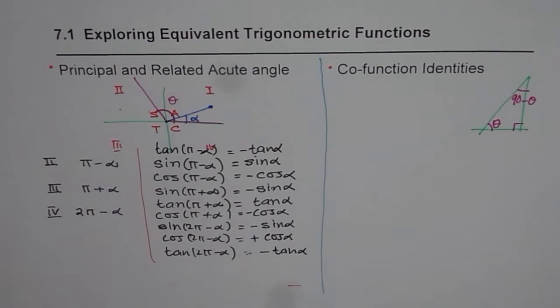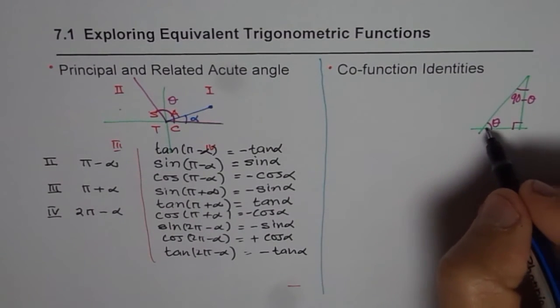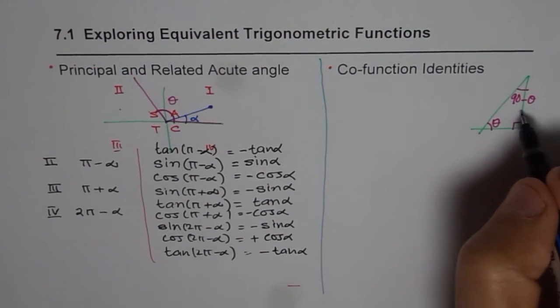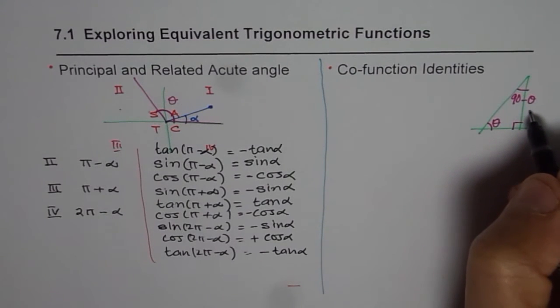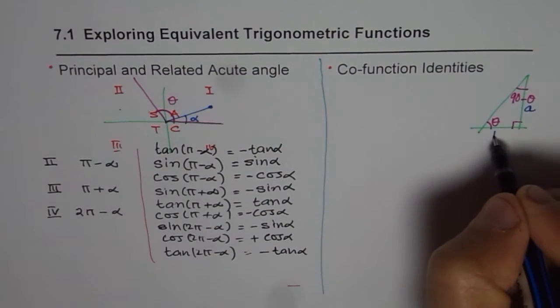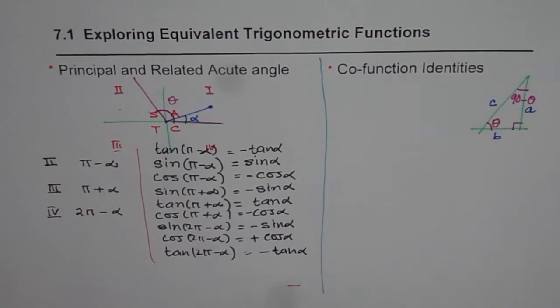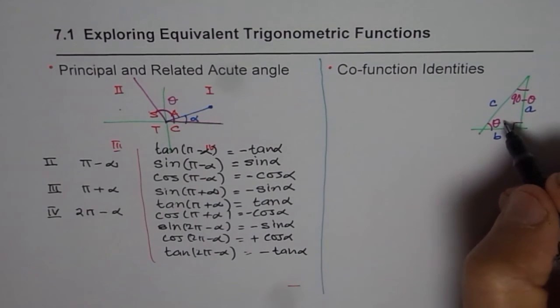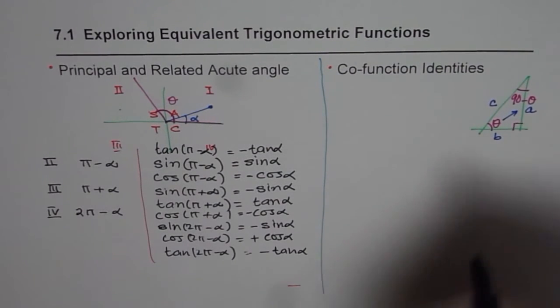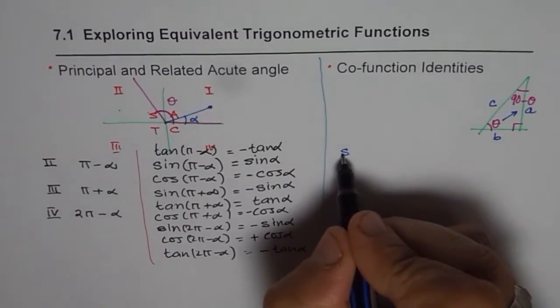Now, if you are looking from the theta point of view, let me write these sides as A, B, and C. So if you are looking from the theta side, what is sine theta equal to?